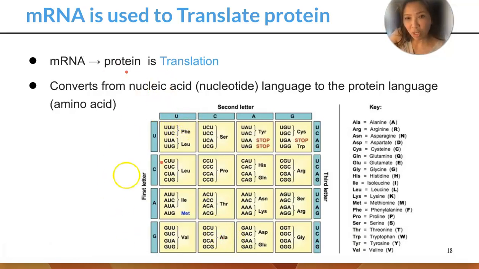You guys have seen this chart before, right? When we're talking about the codon. But now these codons code for different amino acids. Each one of these is an amino acid. Remember, amino acids are the monomers that make up the polypeptide. And there's some redundancy in that. For example, here you can have CUU code for leucine. You can also have CUC as well as CUA, CUG.